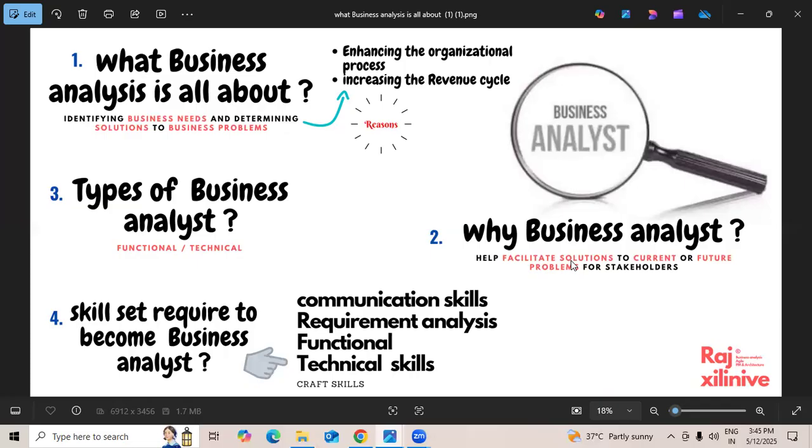So these are what we call requirements, because requirements will be of different types. Business requirements are separate, stakeholder and user requirements are separate, transitional requirements are separate, solution requirements are separate, regulatory requirements are separate. Do you understand this? Clear?